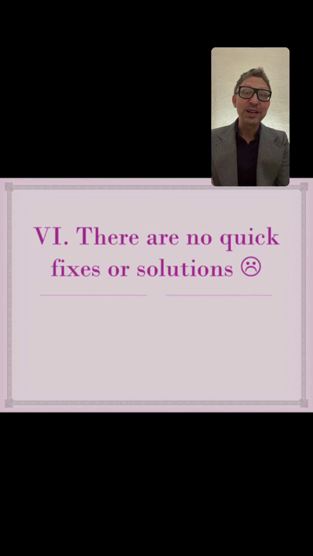Oh, and the final point, and this is a sobering moment. Sober, S-O-B-E-R. Sobering moment is like a reality check. There are no quick fixes or solutions. So many of you write, how can I quickly learn English? I don't know. And I don't know if anyone really knows. There are a lot of people on YouTube that will tell you they know, and they don't know.